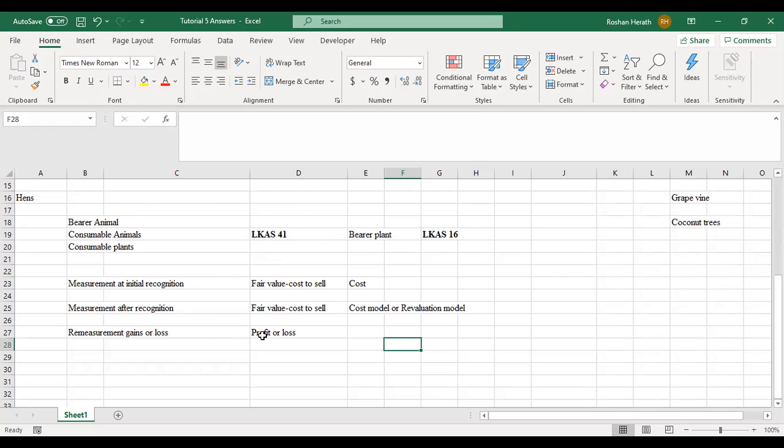But it still allows us to take these gains and losses to the P&L. Frankly speaking, the unrealized profits and losses are eventually being taken to the P&L. If you take these unrealized profits and losses to the P&L, that will enhance your bottom line. So that will increase your bottom line.